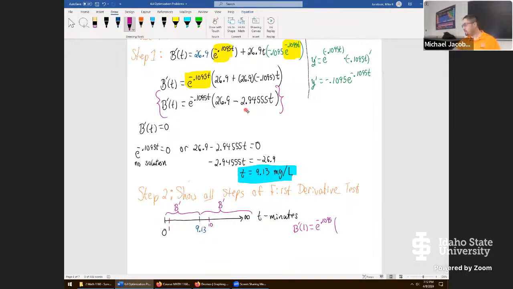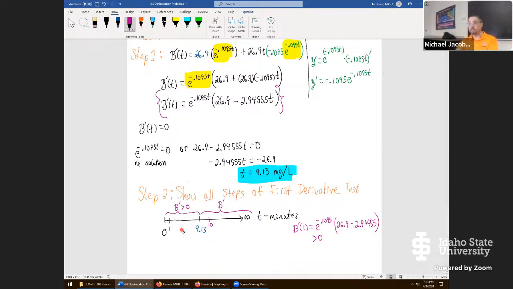Inside here, it's 26.9 minus 2.94555 times 1, so we'll just drop the times 1. The first portion is positive, and it's always positive. But this is a 26 minus basically a 3, so the second factor is positive. We'll just say the whole thing is positive in this region. So greater than 0 goes here.